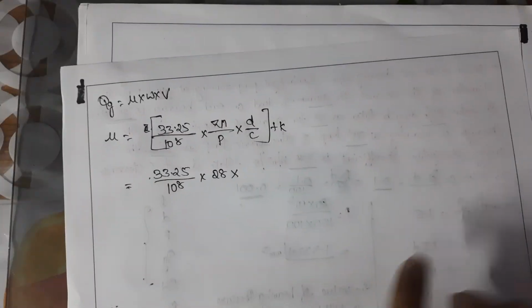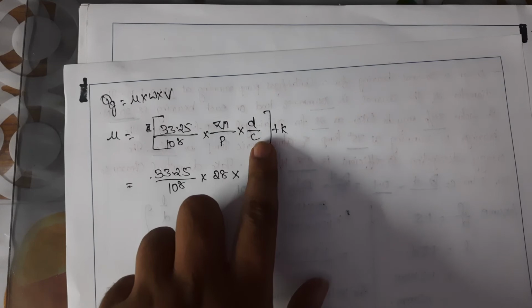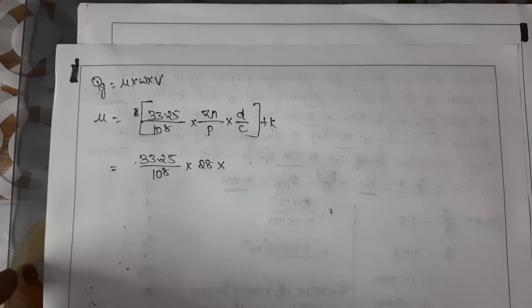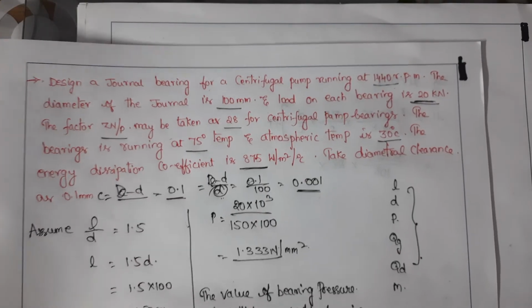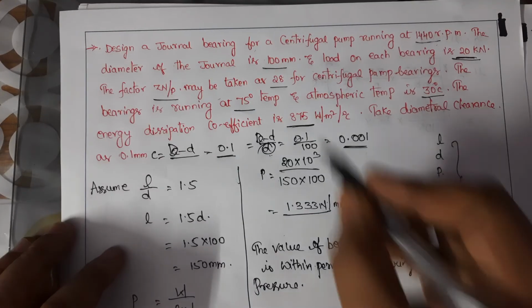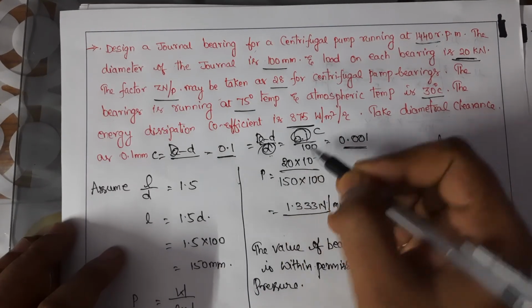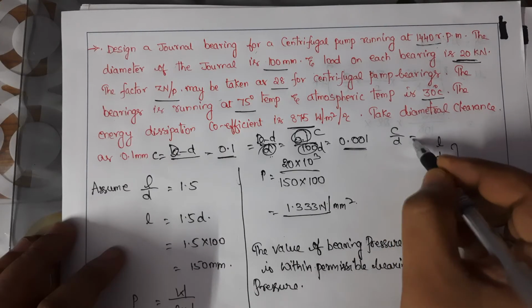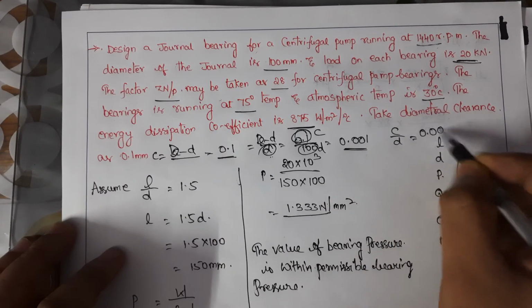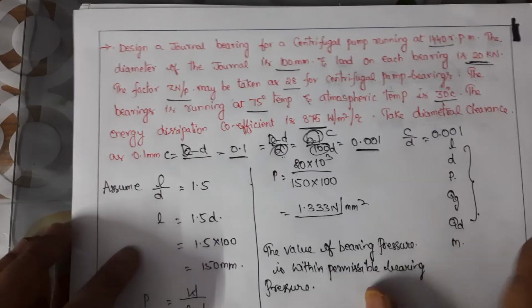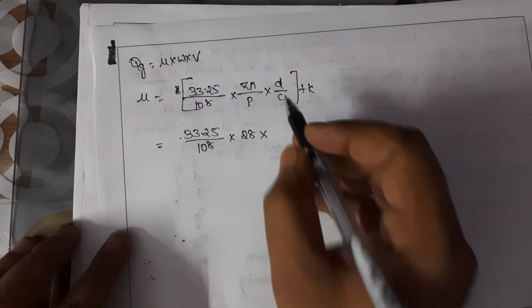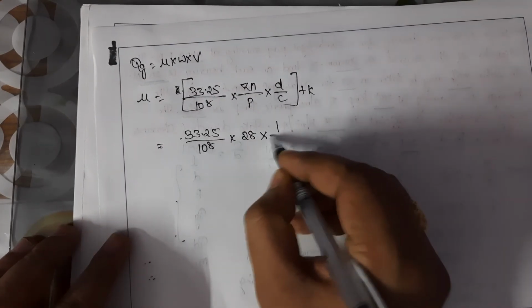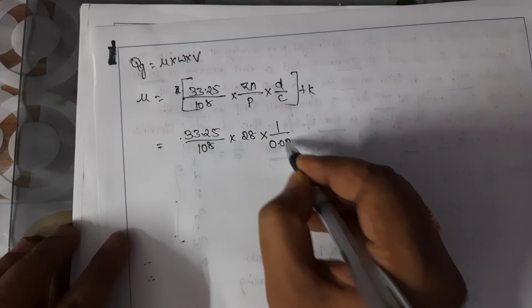In the formula he has mentioned D by C, so here this will be the C value and this will be the D value. C by D is equal to 0.001, but in the formula it is D by C, so that's why I am taking 0.001.